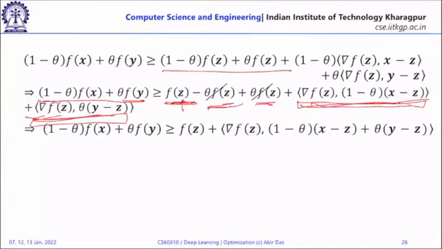I'm getting rid of these two cancel terms. Now what is happening? This is an inner product between this and this, and the whole thing is multiplied with a scalar. So you can very well write it as an inner product of this thing and this thing multiplied with this thing. Is that clear?